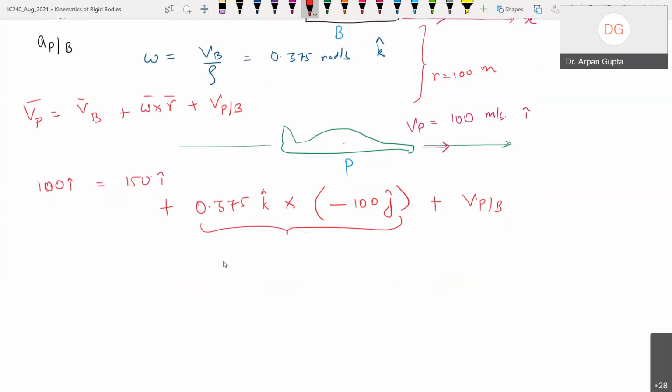So if we calculate this extra term here, and then calculate velocity of P with respect to B, this turns out to be minus 87.5 i cap meter per second. So you can see by ordinary logic, it would have been 50, but now it has changed from 50 to 87. So it makes a good amount of difference.